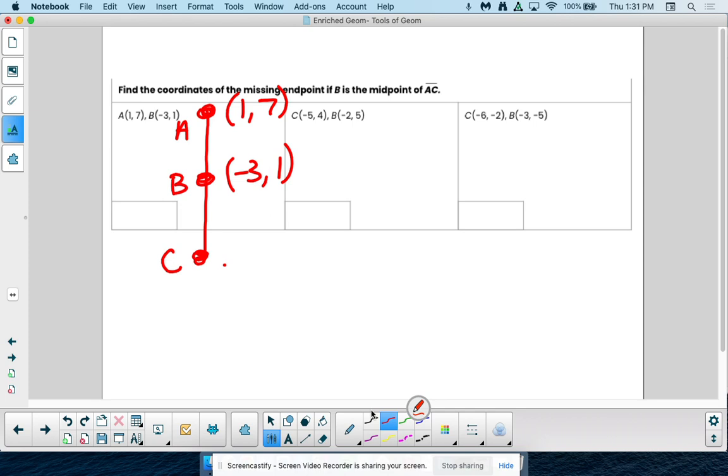So if I'm at 1, how many steps do I have to take to get to -3? 4, right? Positive or negative? It went back, so I went -4. Now I'm at -3, and to keep it the same, I have to go back how many more? -4. So what's -3 minus 4? -7. So that's your x coordinate.